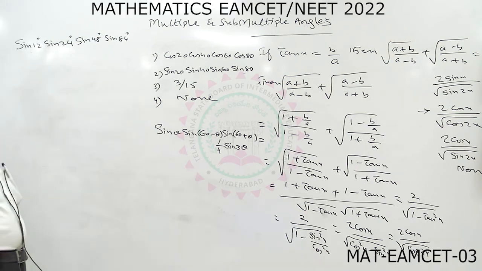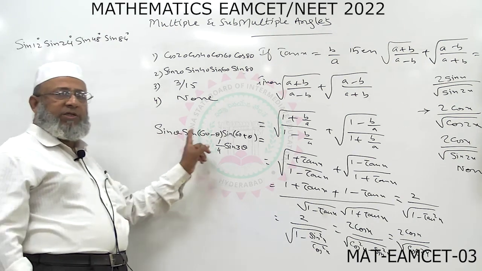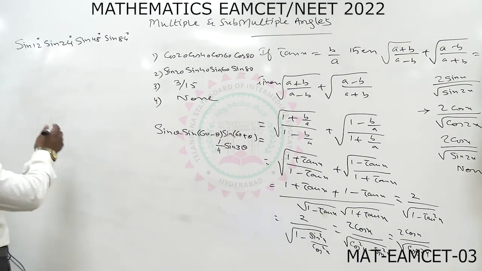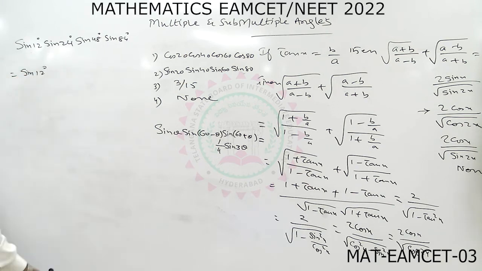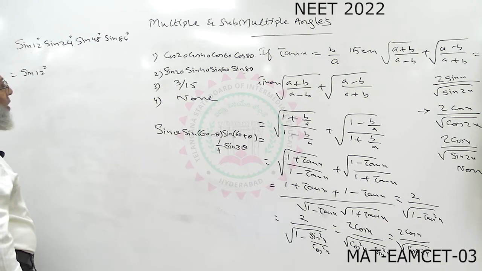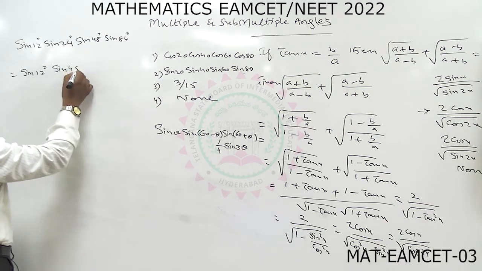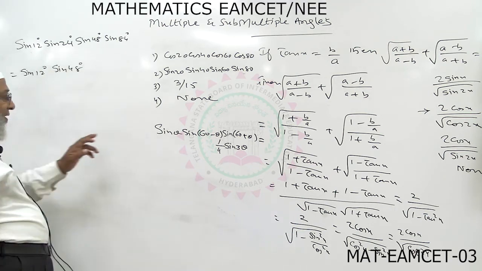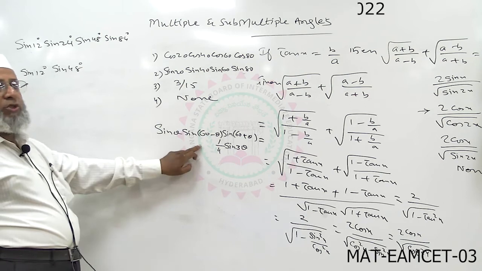So, my purpose is I want to convert this in terms of this standard formula. So, what I am doing here, sin 12 as it is, right? Now, 60 minus 12 is nothing but 48. So, sin 48. If I compare with this formula, sin theta is sin 12, 60 minus 12 is 48.